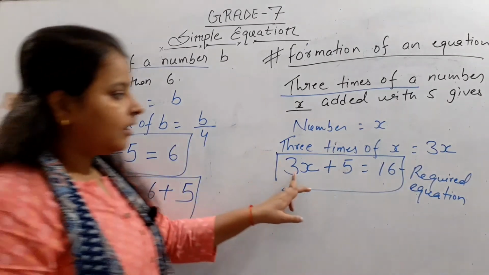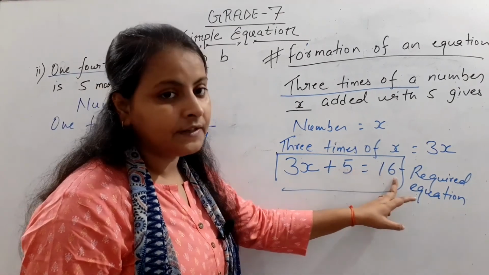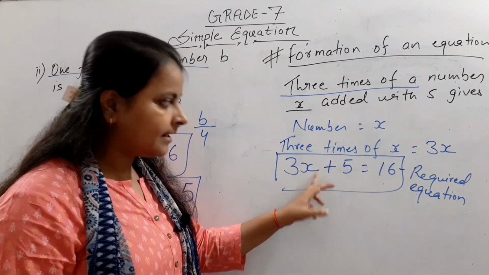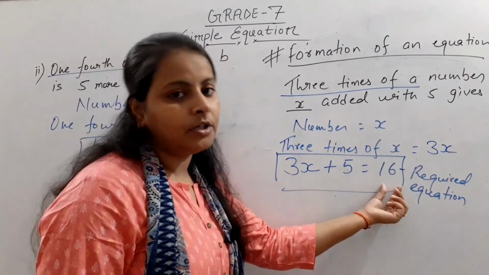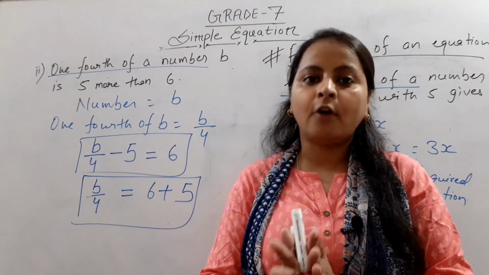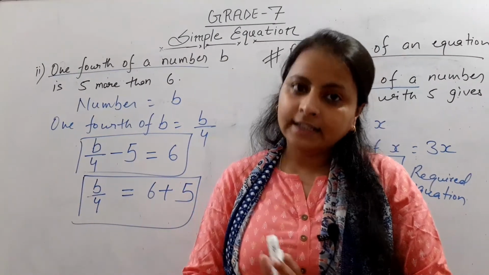Okay, 3 times of x added with 5 gives 16. 3 times of a number x plus 5 is equal to 16. Students, in this way you can form an equation or write a statement for the given equation.